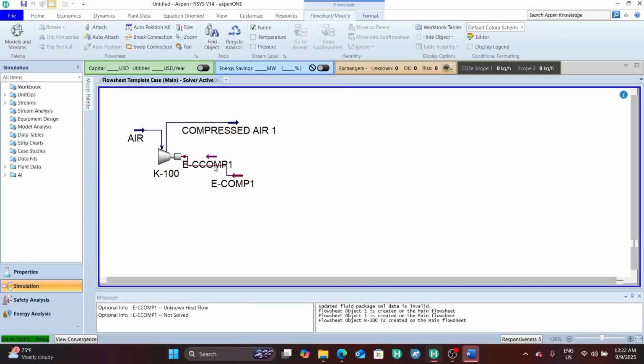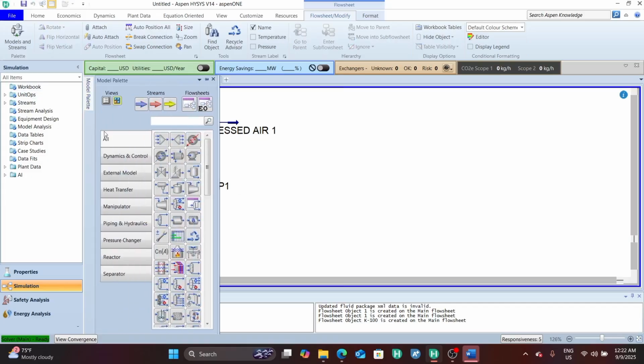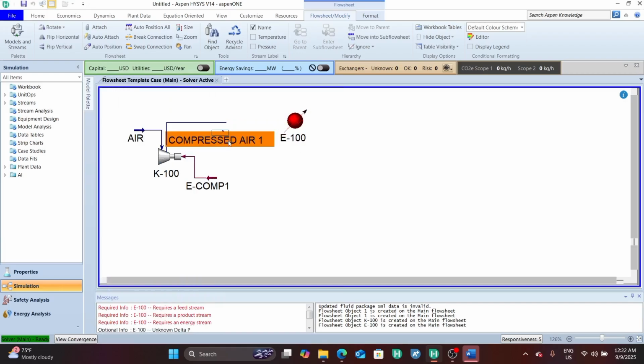Now, this is just for the purpose of this design, to make things easier and the content shorter. But then we're going to be using a cooler. Ordinarily, you are supposed to use a refrigeration cycle, which we covered in our previous content, or a heat exchanger, which we also covered.